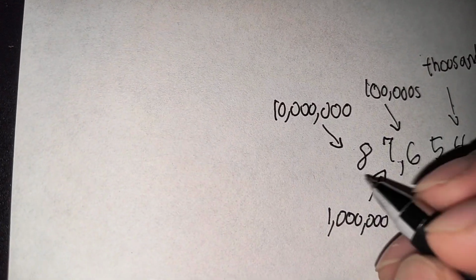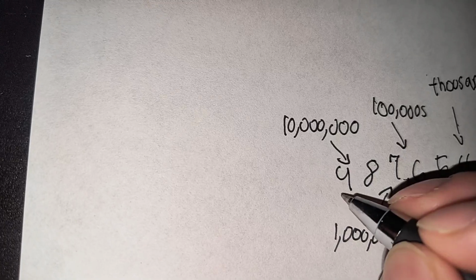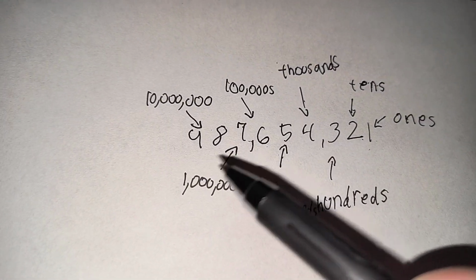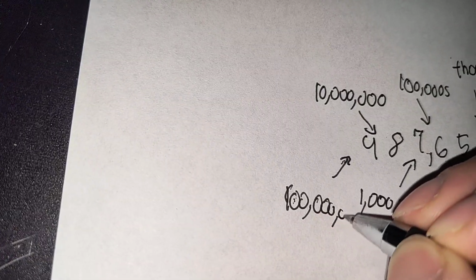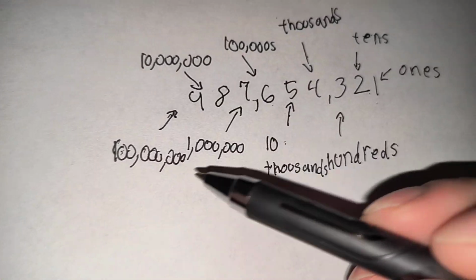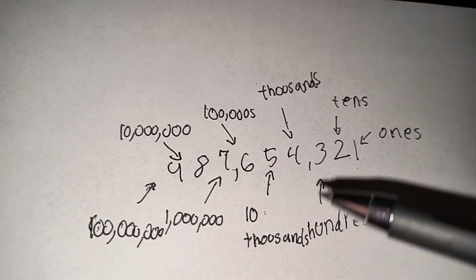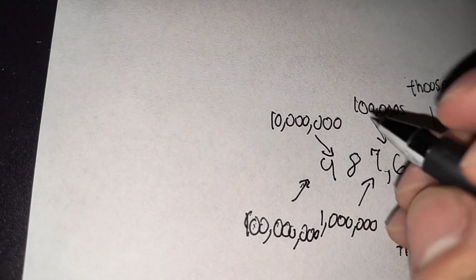And then we've got the 100 millions place. This would be 900 million, because it would be 100 million multiplied by 9. So that would make it 900 million. That's why it's in the nines place, the 100 millions place.